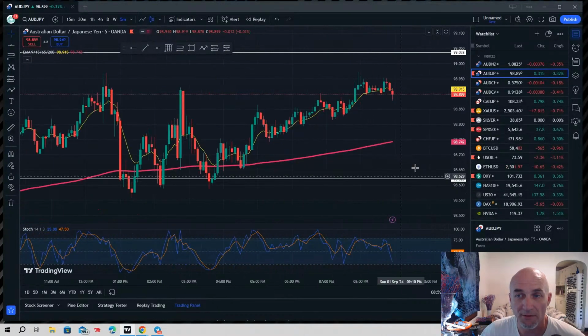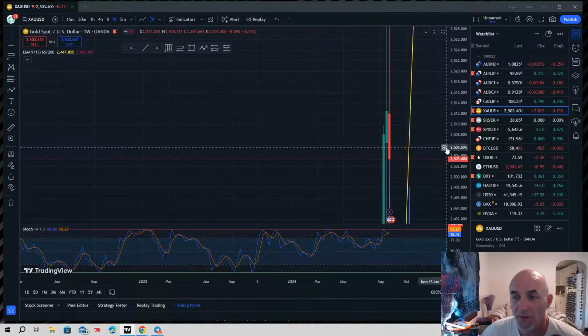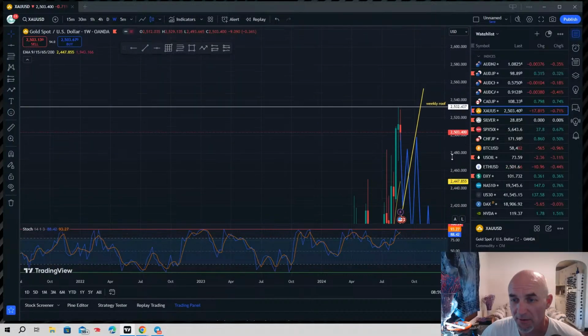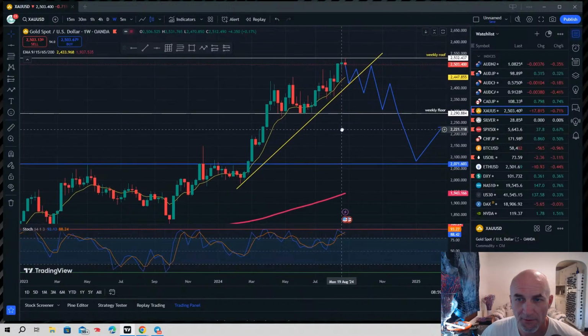All right, so back to gold. Back to the weekly. Shrink it back down. All right, so top-down analysis, you kind of get the idea. Price didn't go above here, so if it comes back up to here, most likely it's not going to go through.